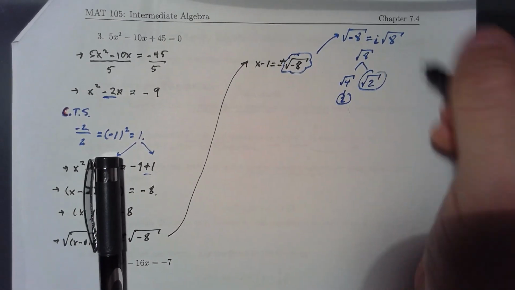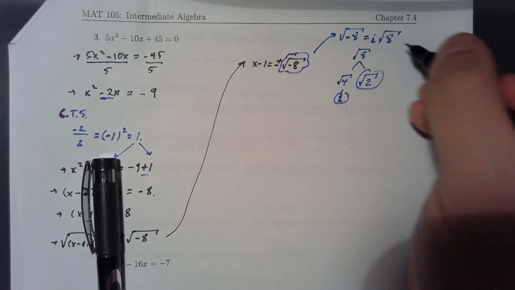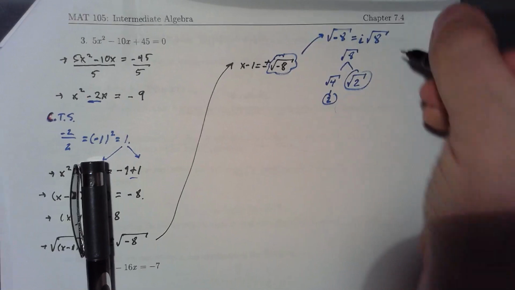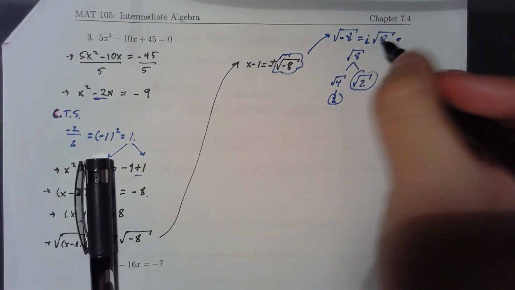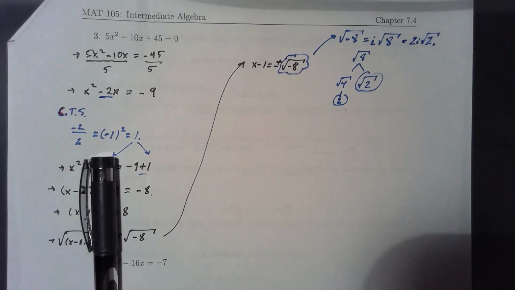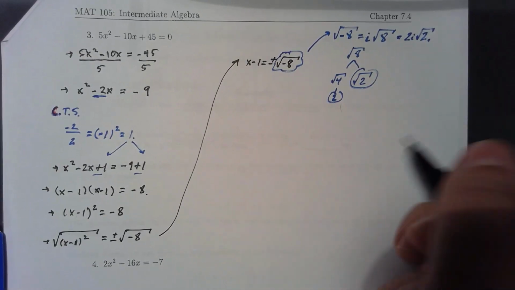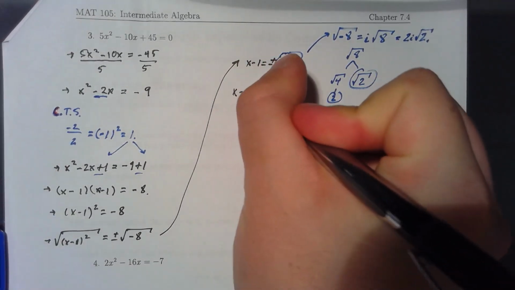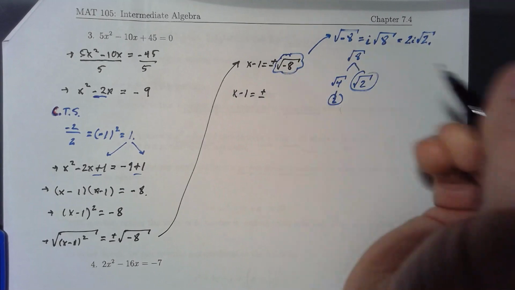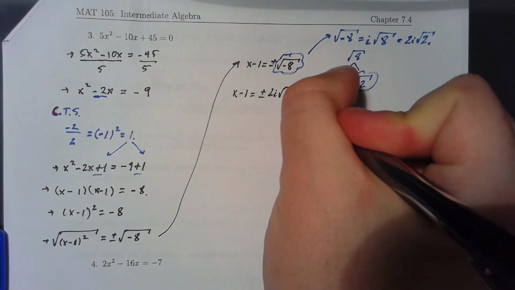And that's root 2. So the square root of 8 becomes 2 root 2. If I bring that up here all together, this becomes 2i root 2, plus or minus 2i root 2.